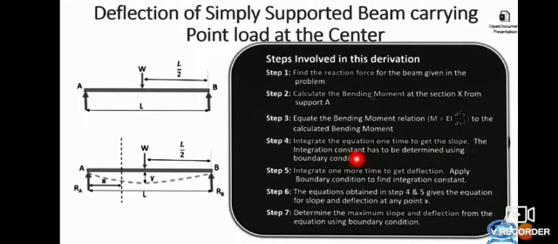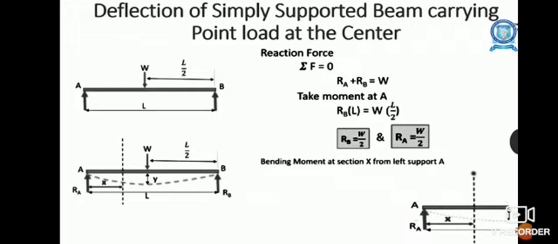The integration constant has to be determined using boundary conditions. Step 5, integrate one more time to get the deflection. Apply the boundary conditions to find the integration constant. Step 6, the equations obtained in steps 4 and 5 give the slope and deflection at any point x. Step 7, determine the maximum slope and deflection from the equations using boundary conditions.